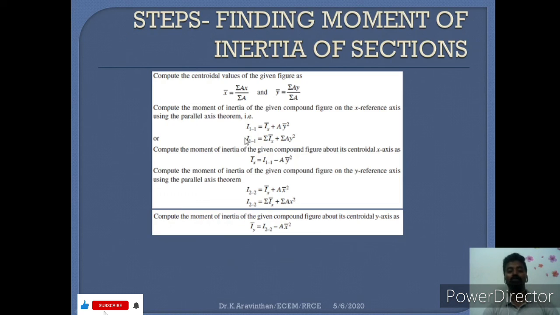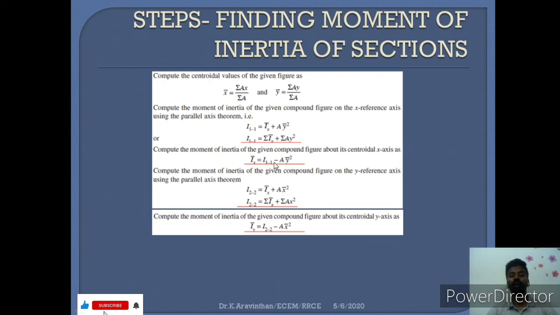Then by using two formulas, if you want the moment of inertia about the x axis, you should use this formula. The formula is I11 about the reference plane minus area into y bar square. Here A is the area and y bar is the distance from the reference plane to the x axis.